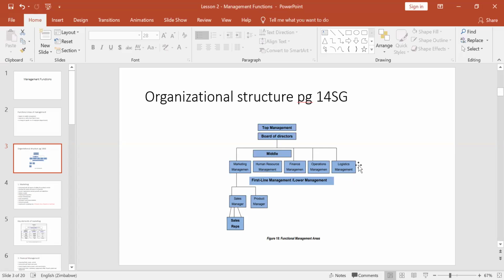These are just a few of the functions that you normally find in an organization. And then we have the first line or lower level management. You can have sales managers who are in charge of the sales reps. You can have the product manager in the marketing department.